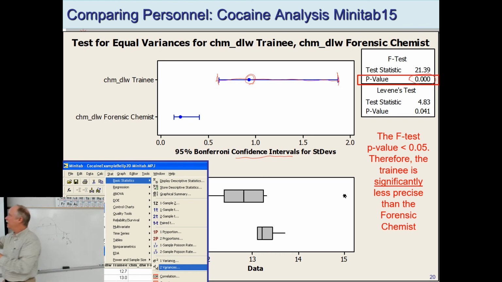Okay. And then the forensic chemist, that's their standard deviation and the confidence interval for their standard deviation. So on their worst day, their standard deviation is still less than 0.5, okay, of a percent. Even on a bad day, they're really good, yeah. And the trainee's like, dang, even on my best day, I'm not as good as that person, yeah.